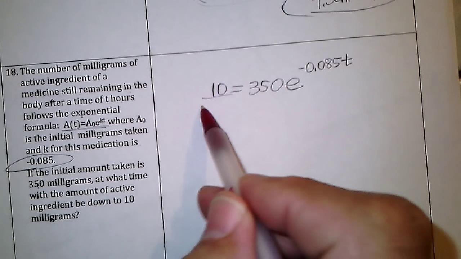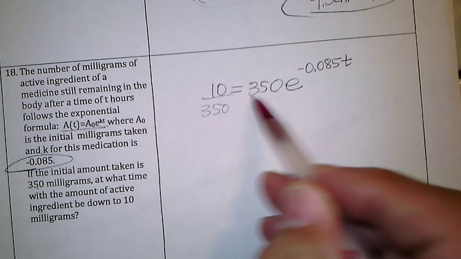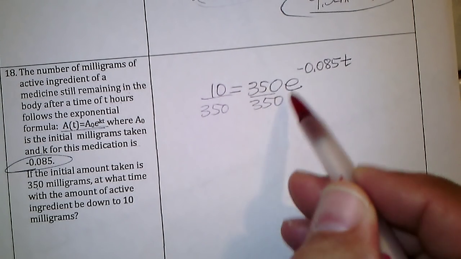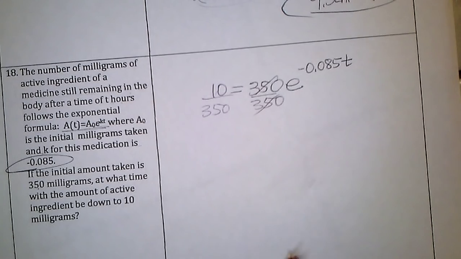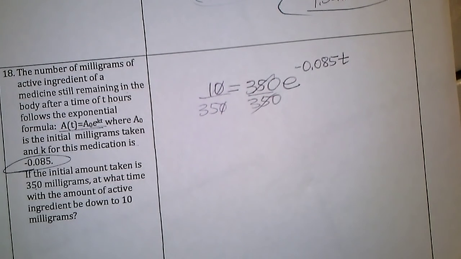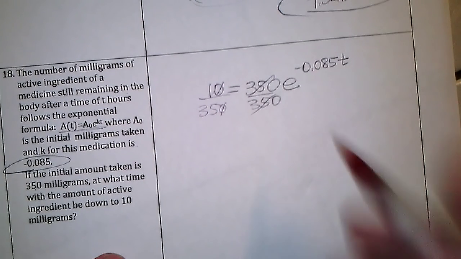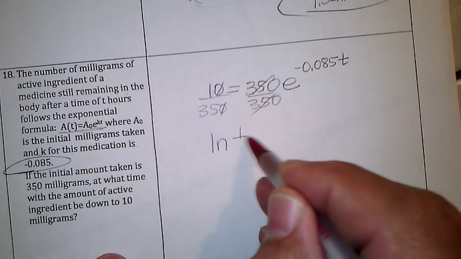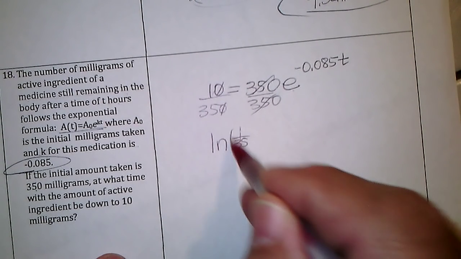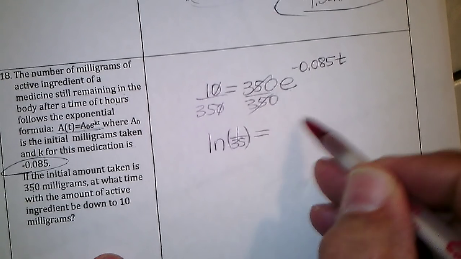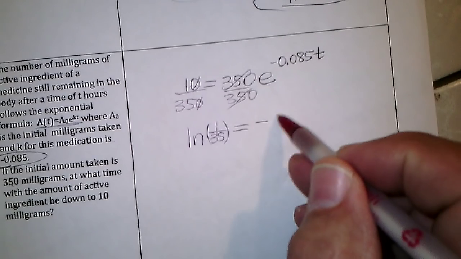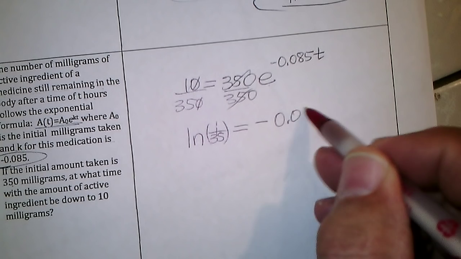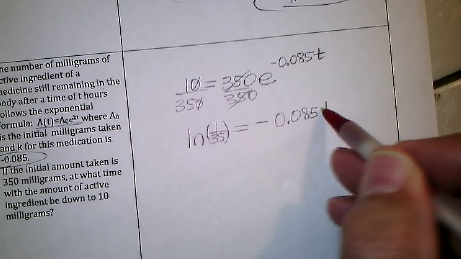So we divide the 350 out. And the zeros cancel. And so we write this as a log. So ln of 1 over 35 equals negative 0.085 t.